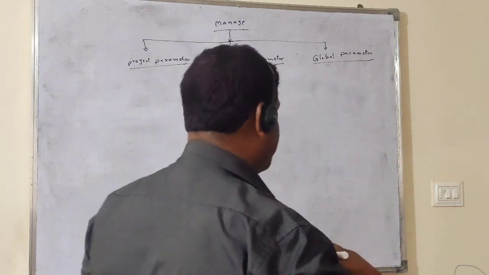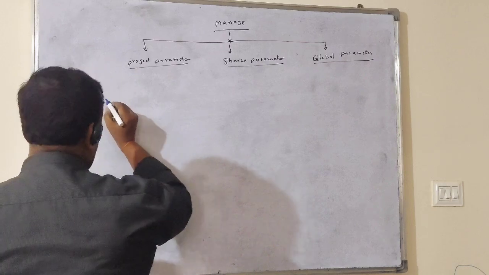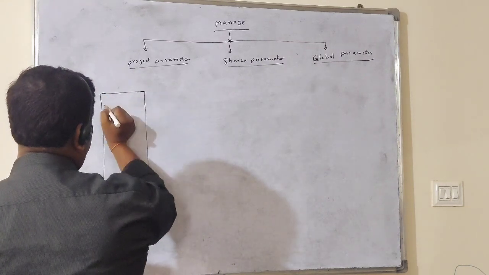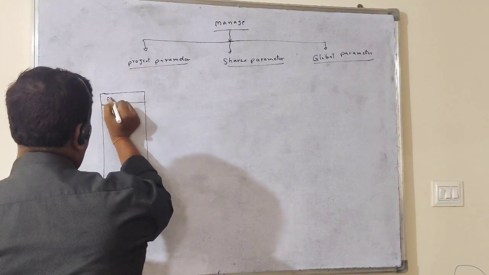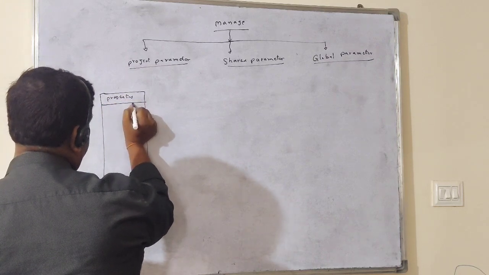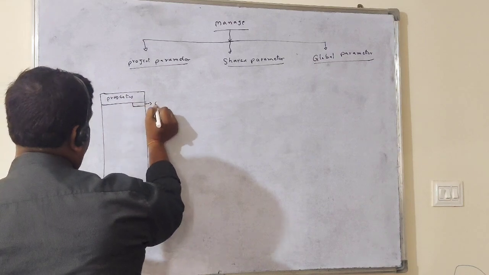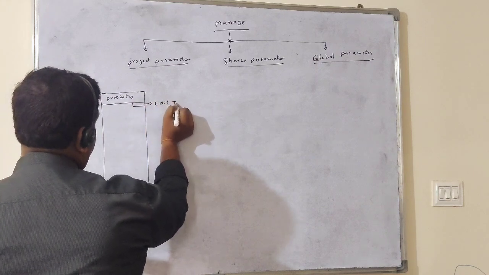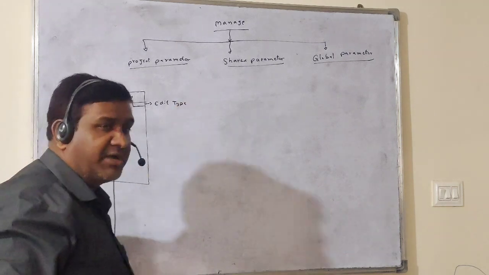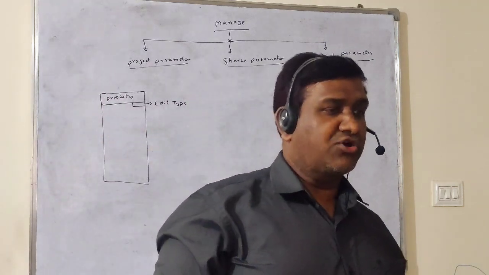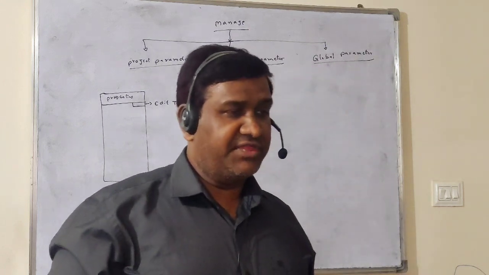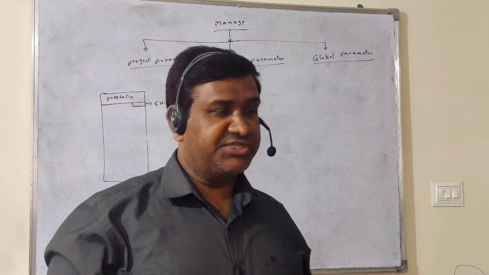So what are parameters? Already I told you about the properties toolbar. If you go to the properties toolbar in your model, you can see beside it there is an Edit Type button. Have you seen this one? Edit Type. In the properties toolbar there is one icon in the top right corner, Edit Type. If you have not seen it, just check it right now.